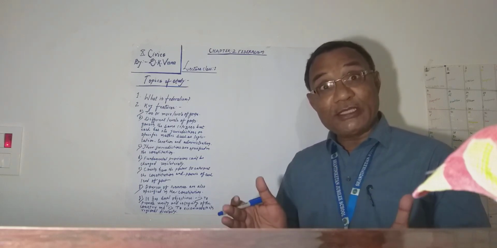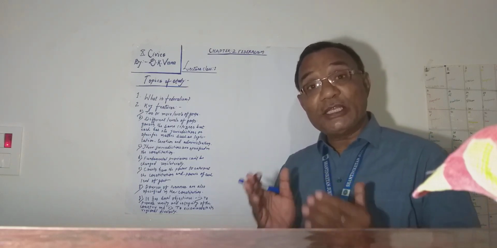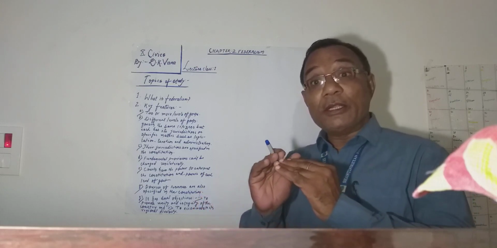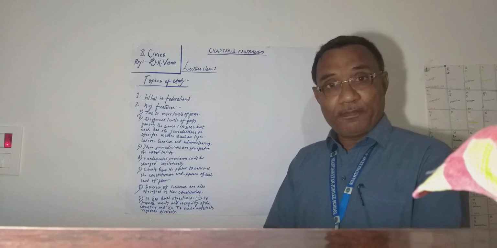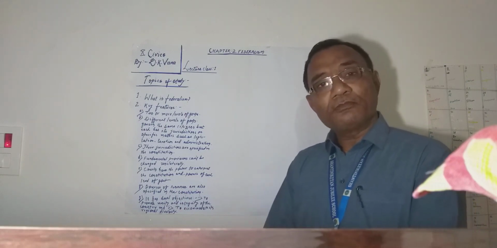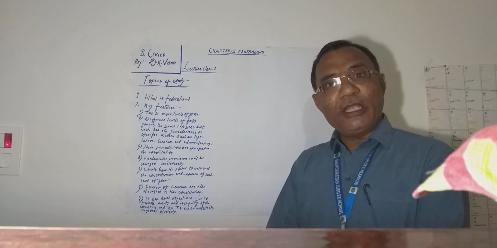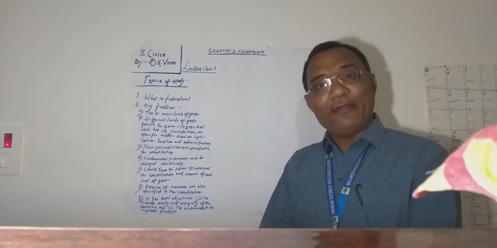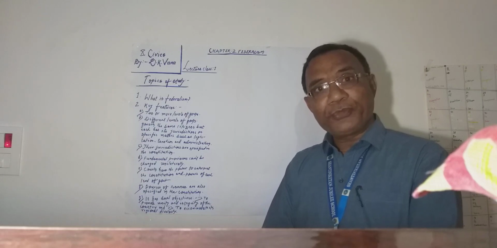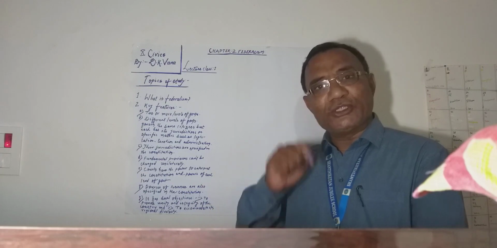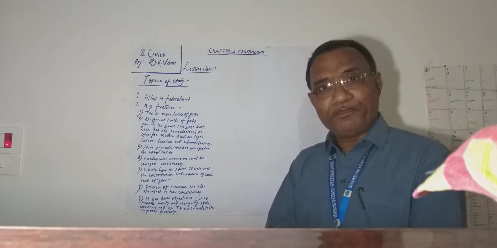Because federalism is actually a system of the division of political powers among different levels of the government. And most of all, under federalism, we discuss about powers of different levels of the government which are clearly specified in the constitution of the country.